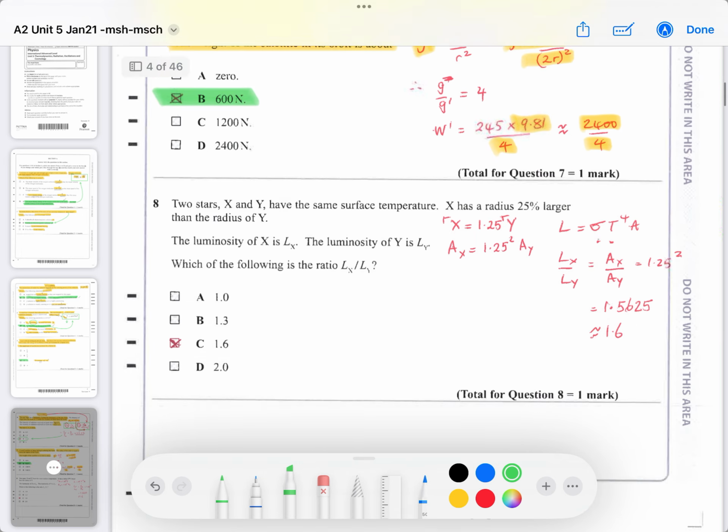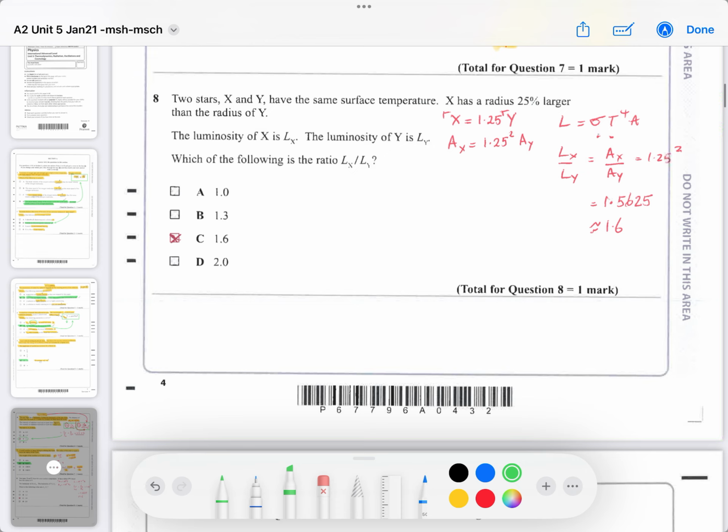Okay, question 8, 2 stars, X and Y have the same surface temperature. So this time they're going to use Stefan Boltzmann's law, where sigma is the constant, temperature is to the power 4, and A is the surface area.